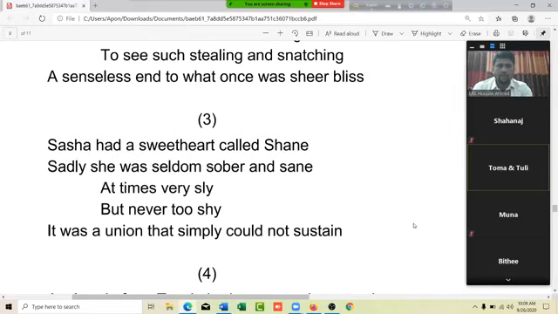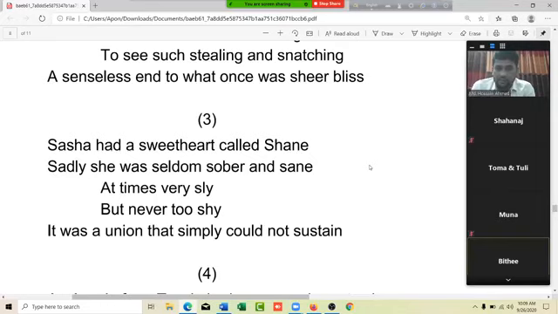Okay, anybody wants to comment? Yes, sir. She pronounces the same in two places. First one is Shane. Shane, Shane, but Sane, Shane, not Shane. Sa and Sha. Okay, Bithi.